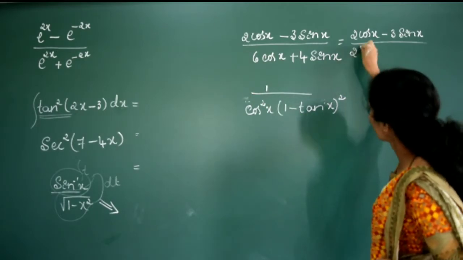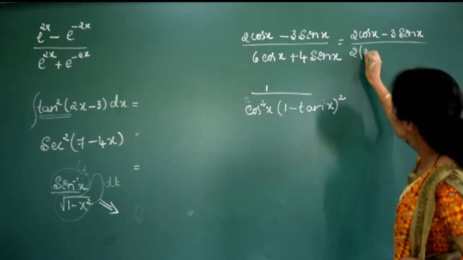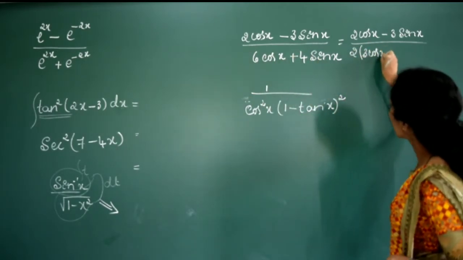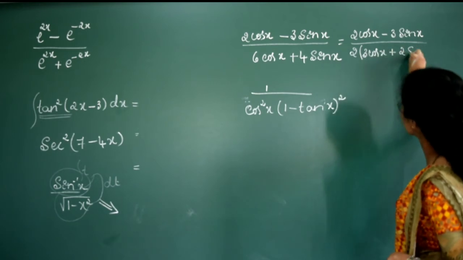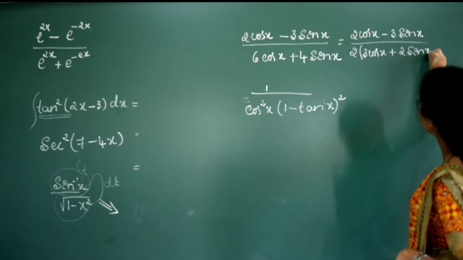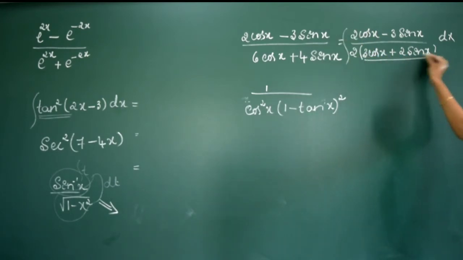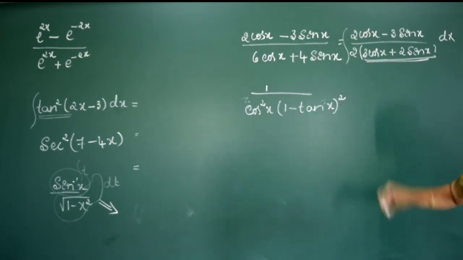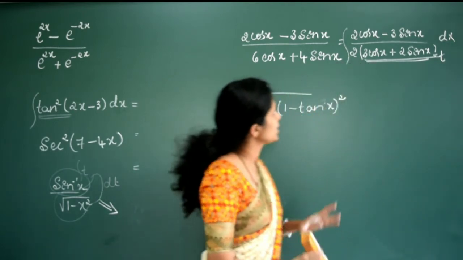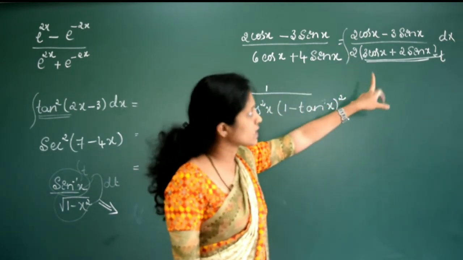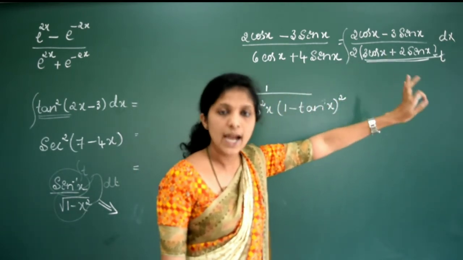If we take 2 common, we are left with 3 cos x plus 2 sin x into dx. So directly give the substitution for 3 cos x plus 2 sin x is equal to t. Give the substitution for the denominator, that is 3 cos x plus 2 sin x is equal to t.